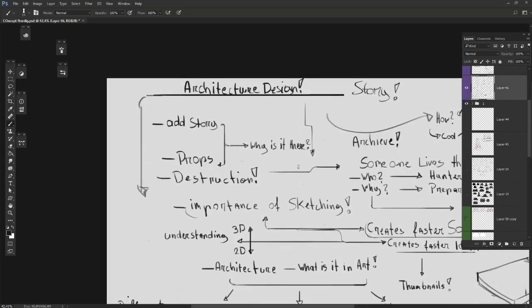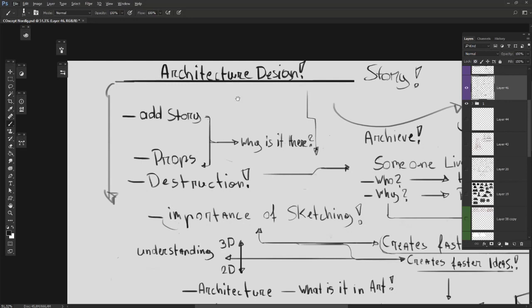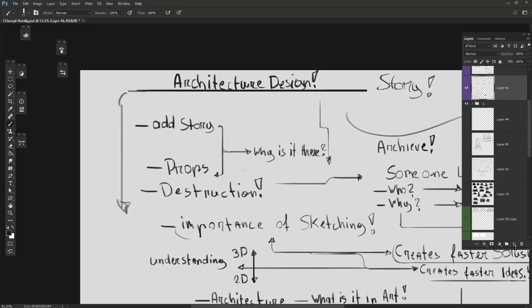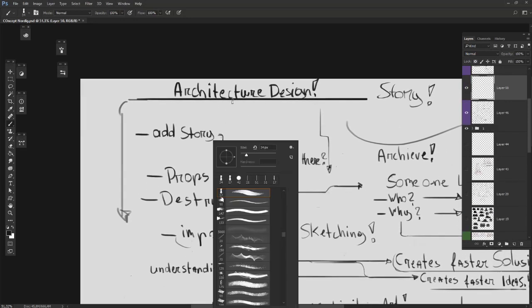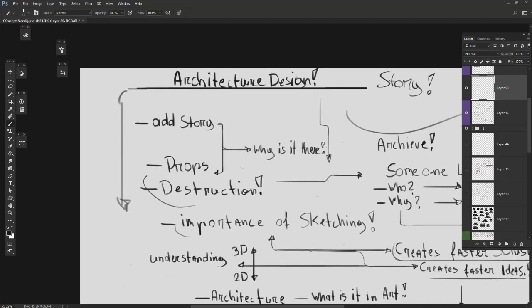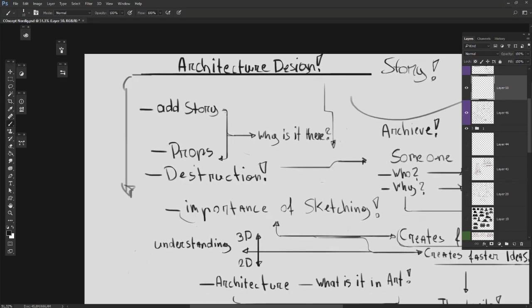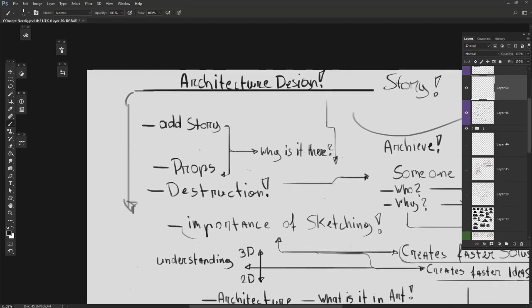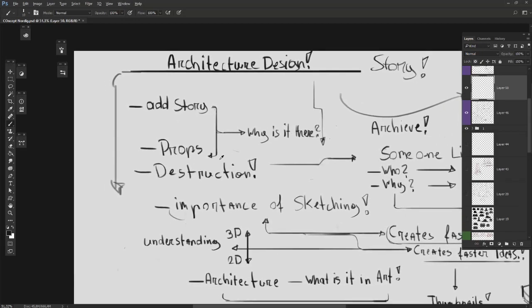In order to add story, we need to add props and destruction to that. Not only those two, maybe probably more, but at least these are the two I could come up with.